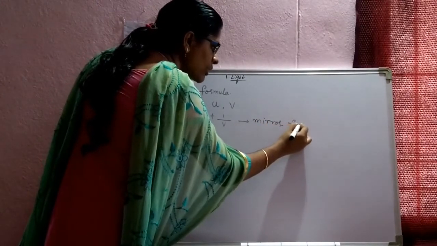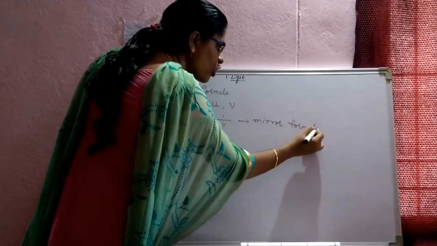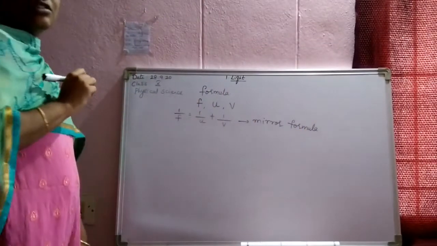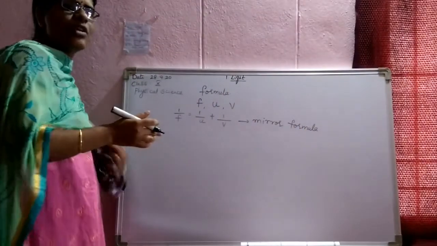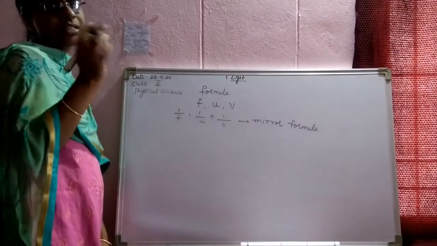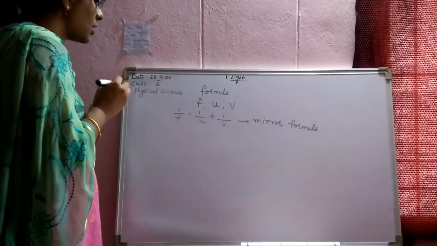What do we call this? A mirror formula, the relation between focal length, image distance and object distance.